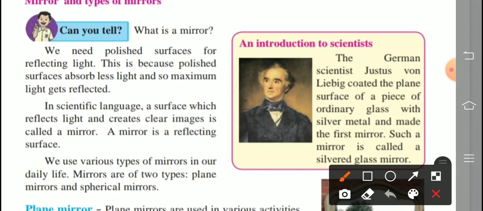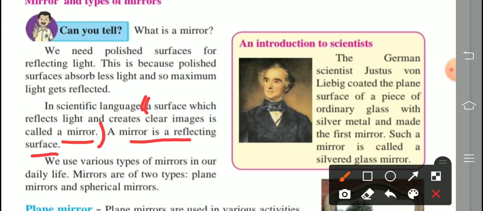What is mirror? Answer start from here up to here. A surface which reflects light and creates clear images is called a mirror. In short, a mirror is a reflecting surface. A reflecting surface is also called as mirror.